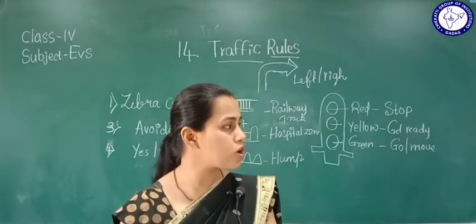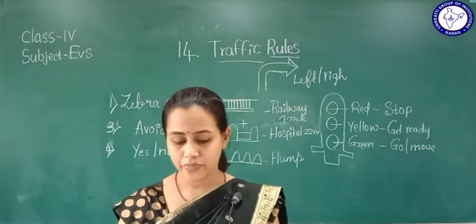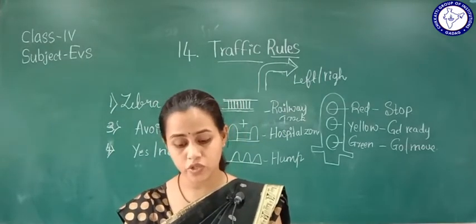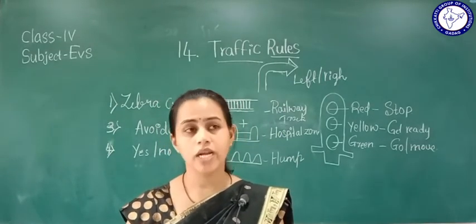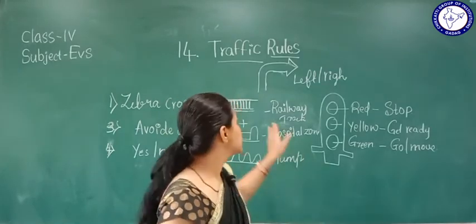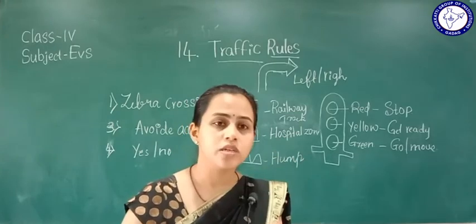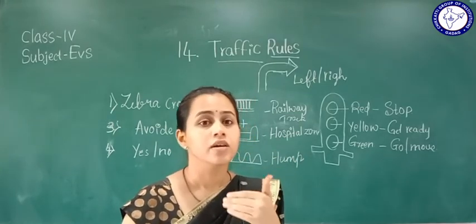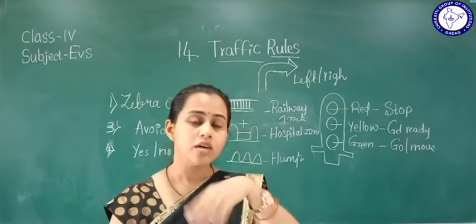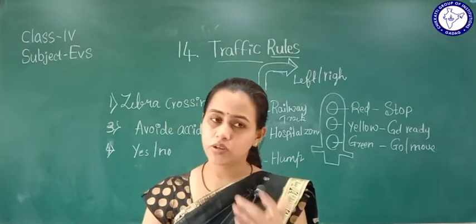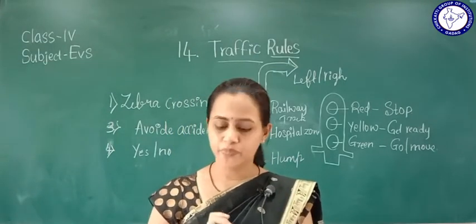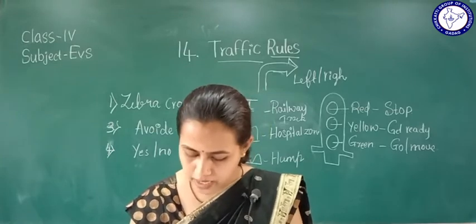You can cross the railway level crossing even if the train is passing. No, right? So you have to see this one, right? If the gate was closed, then you have to wait till the railway passes, then only you have to move. You should not play games on the road.